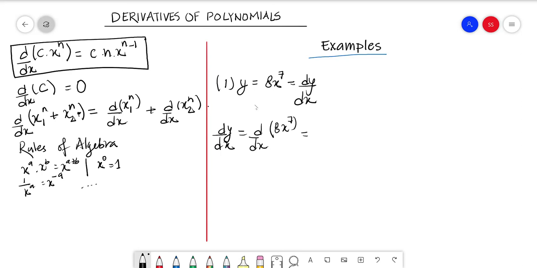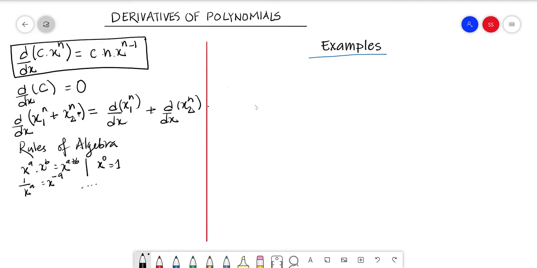Then your c is 8, your n is 7, which comes in front, and then x to the power n minus 1. Easy. Simplifying it, it's 56 x to the power 6. Easy, right? Let's go through another example.